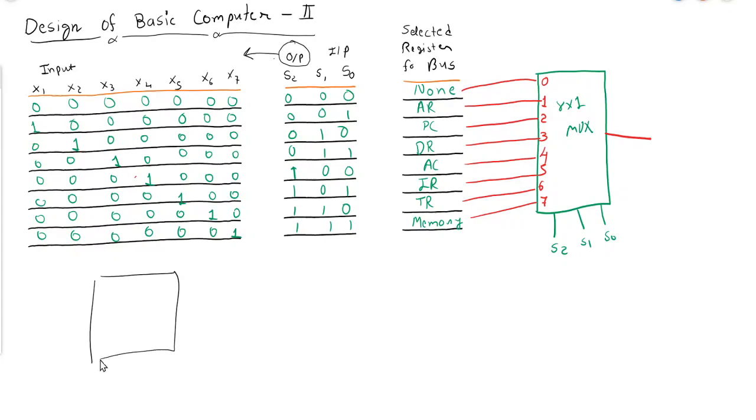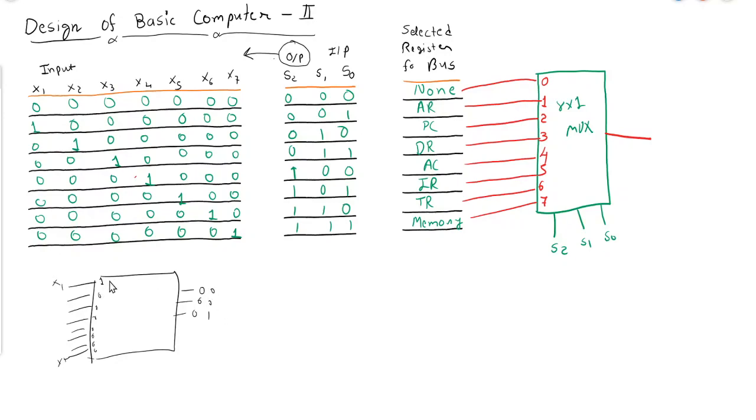If you recall the encoder circuit, here we will have inputs from x1 to x7, and here we will have a 3-bit output. If the values of all of x1 to x7 are 0, then 0 0 0 means the first row. If the value of x1 is 1 and the remaining are all 0, then we will get output 0 0 1.